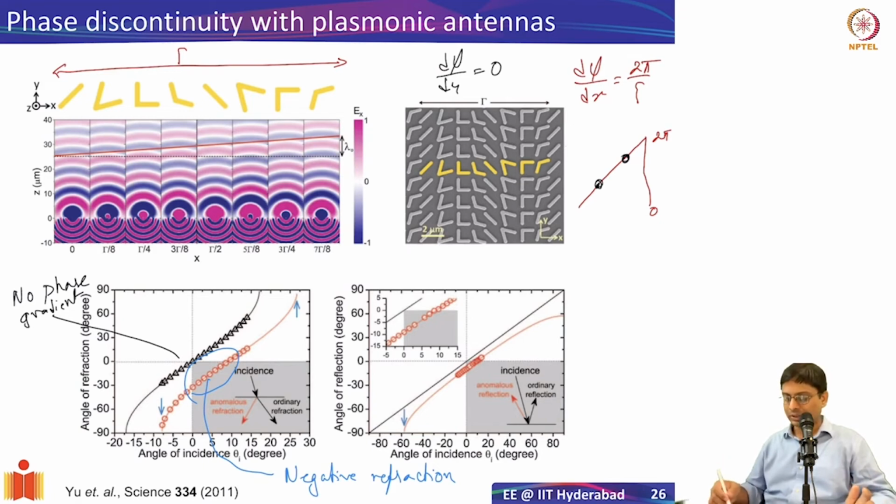And of course, the red line here is the theoretical expression that we said, the generalized Snell's law, and the experimentally measured data is here. You see that there's an excellent match. Very rarely do we have such perfect matches, but in this case there is very nice matching. And even the angle of reflection matches.